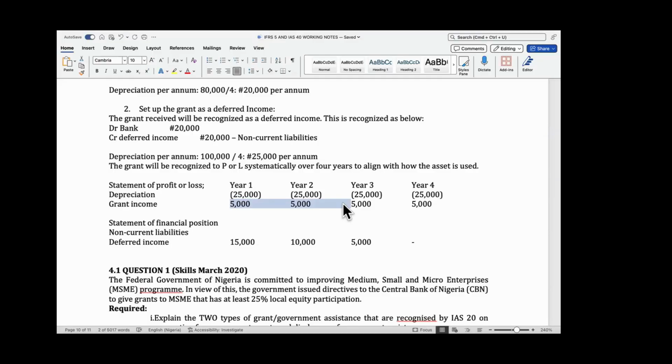If you are depreciating the asset equally, you recognize the grant equally. If you're depreciating the asset on a reducing balance basis, you recognize the grant to P&L on a reducing balance basis, like that. So it's more tasking like that. And you now be reducing the deferred income gradually.